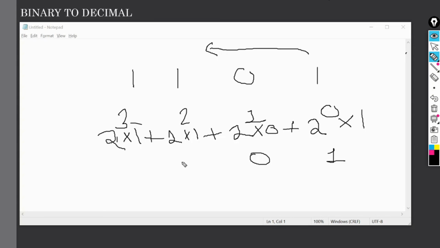Then 2 to the power 2 is 4, multiplied by 1 is 4. 2 to the power 3 is 8, multiplied by 1 is 8. When we add them, the total is 13. So here is your answer. That's how we convert a binary into a decimal number system.